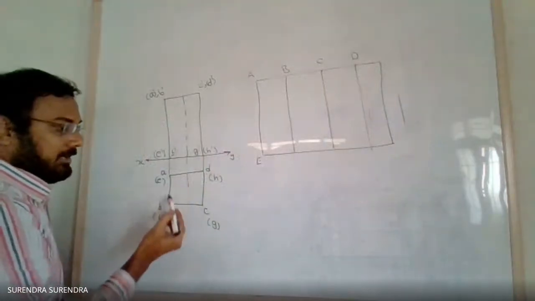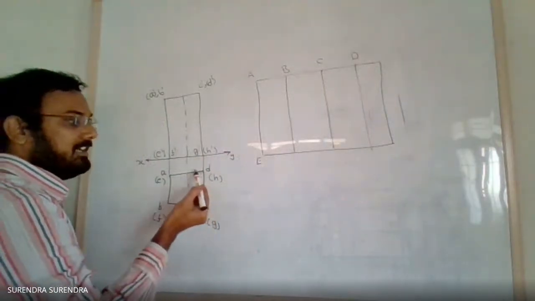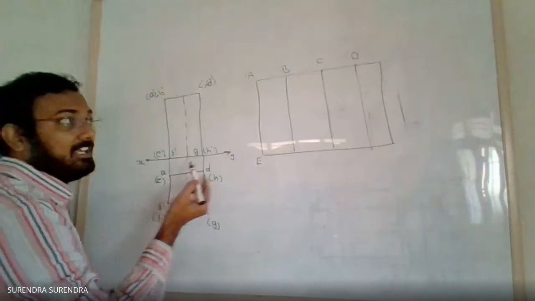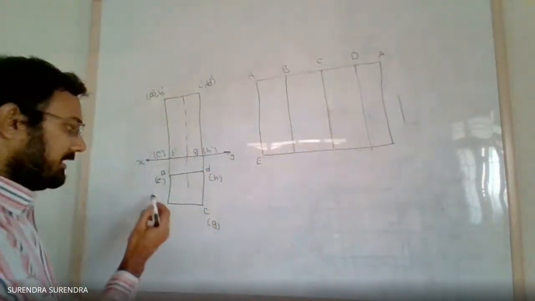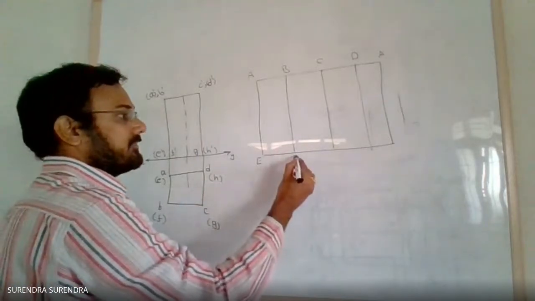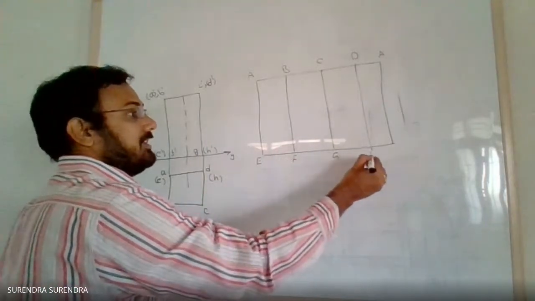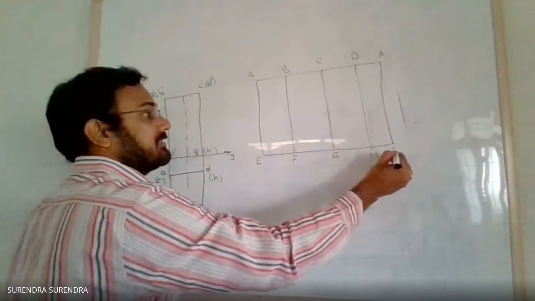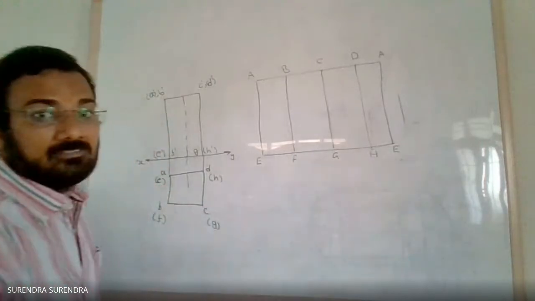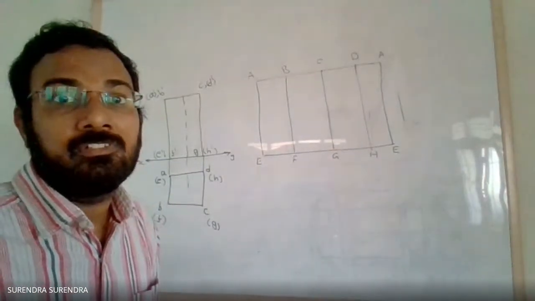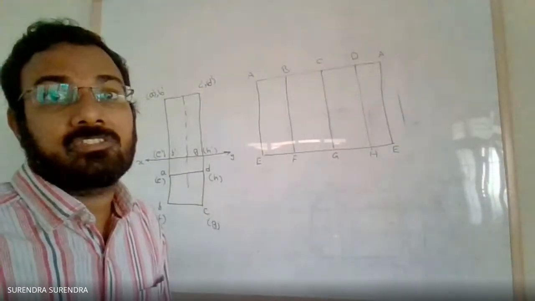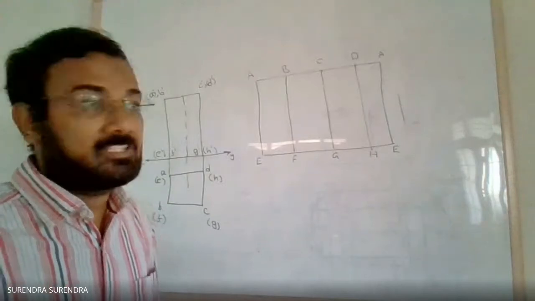So the edges AB, BC, CD, and again DA. So the other end EFGH. F, G, H, and again E. So this is the development of the lateral surfaces of a square prism.